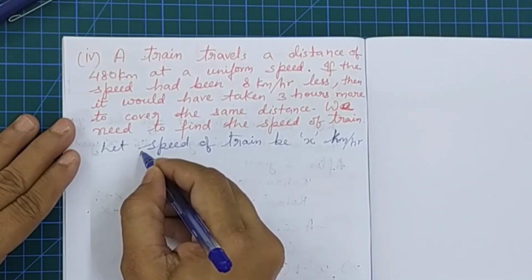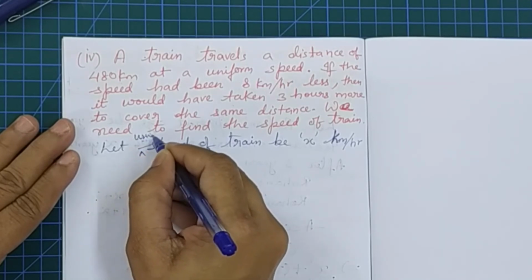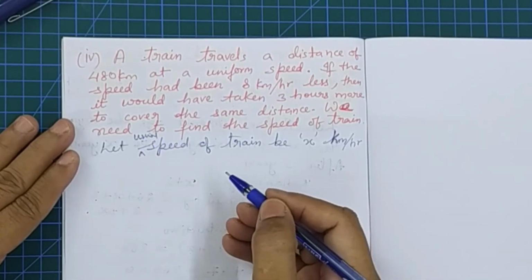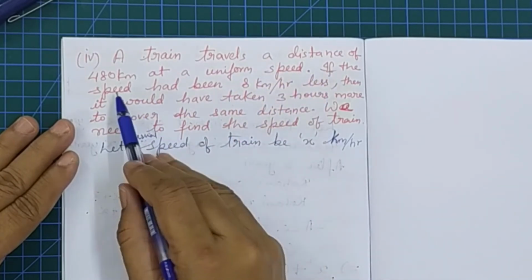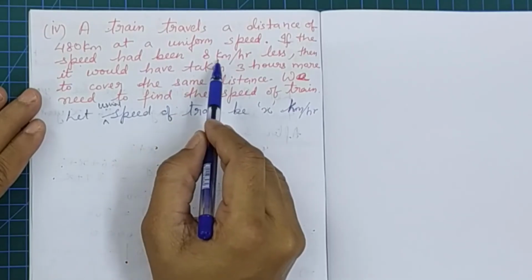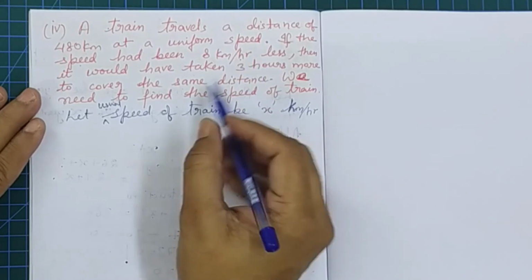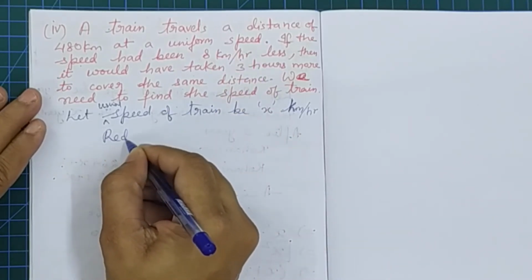So this is the usual speed. That is what they are asking us in the question. And then as we read the question, we see that if the speed had been 8 kilometers per hour less, so we have a reduced speed also.